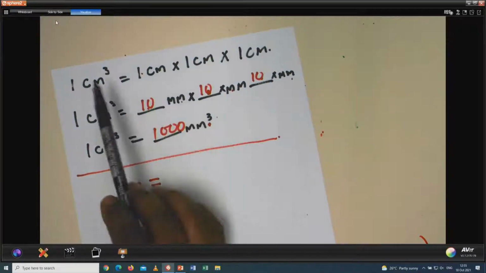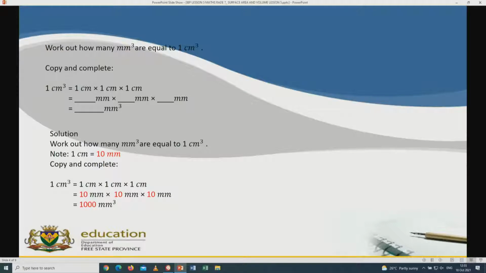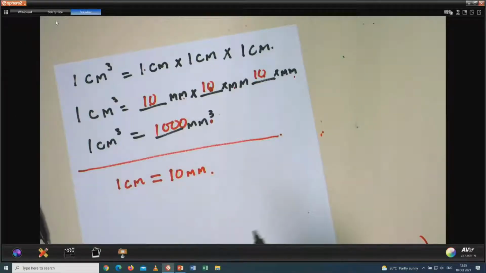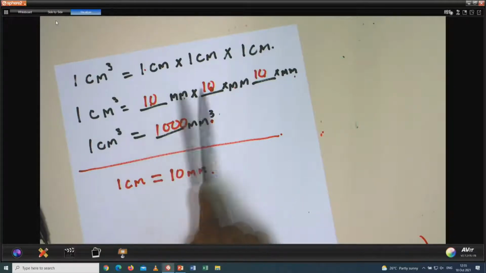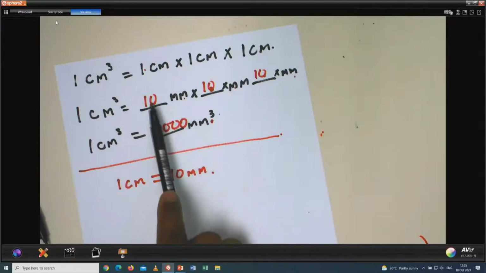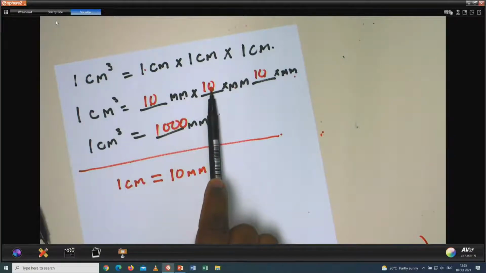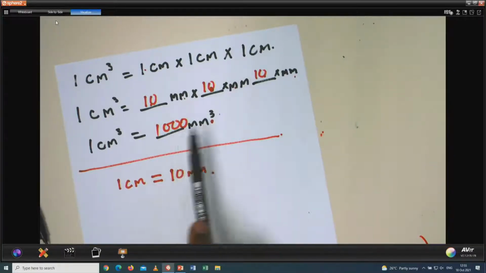Again, we had to complete this table, work this out in millimeters. The solution is already there, but just to explain it, 1 centimeter is the same as, or equivalent to, 10 millimeters. We put 10, 10, 10, and then we do simple multiplication. 10 multiplied by 10 is 100. 100 multiplied by 10 is 1,000.